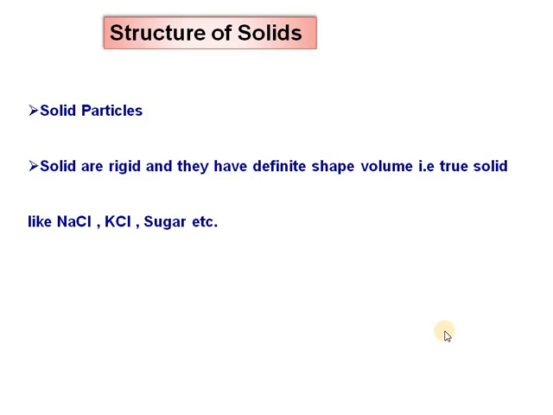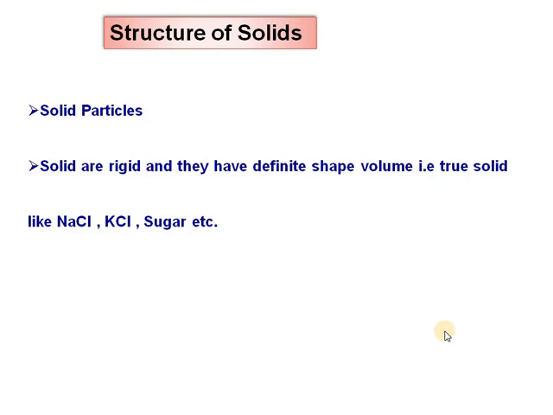In the solid state, the constituent particles are very close to each other, and therefore they cannot be compressed further. Hence they are rigid and cannot move freely in random motion, and hence they have definite shape, definite volume, and definite low vapor pressure.